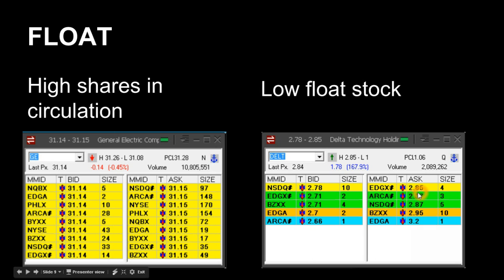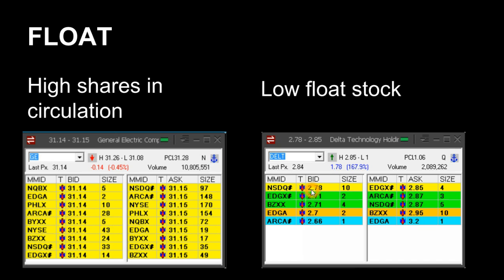And on the offer, we have the same exact number of price levels. On General Electric we have more and more, and my server only gave me 10 levels of market depth, but in this case we don't even have 10, we have only 5 on each side. So the difference between each level is huge, 8 cents and 7 cents, and that's a lot in a low price stock, a lot of percentage.